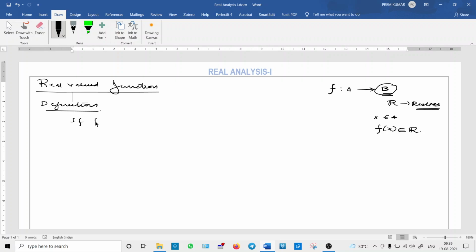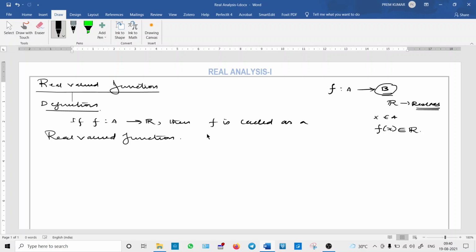If we define a function f from A to the set of all real numbers, then f is called a real valued function.